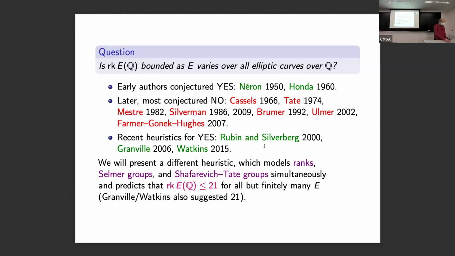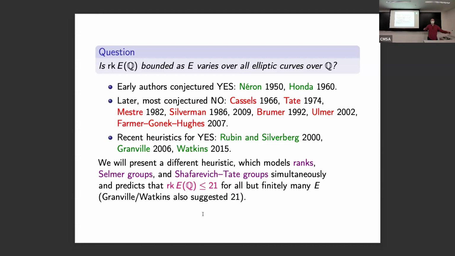This is going to be a probabilistic model that I'm going to present, that models not just ranks, but also predicts the behavior of other objects all at once in one big package: ranks, Selmer groups, and Shafarevich-Tate groups, simultaneously.